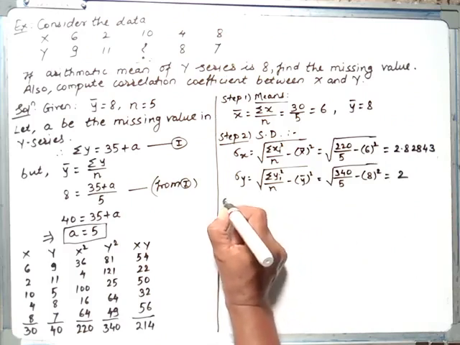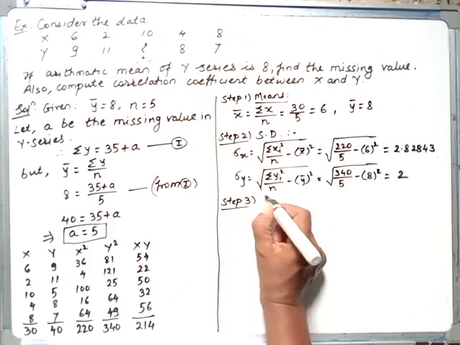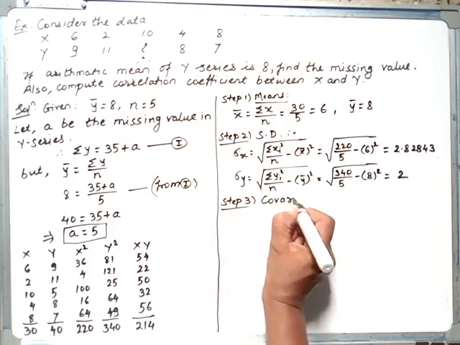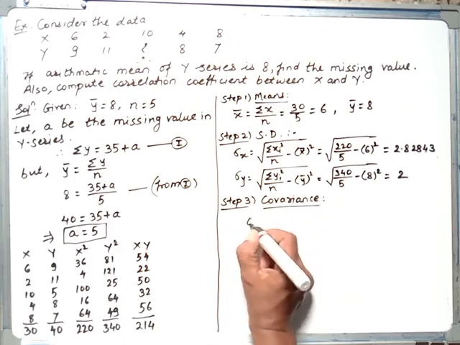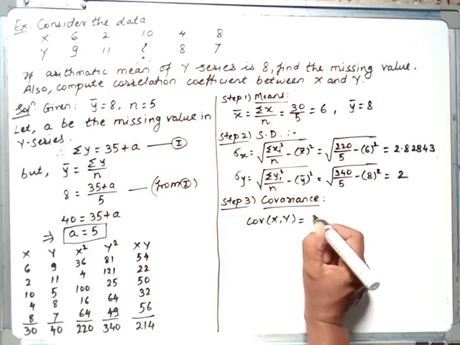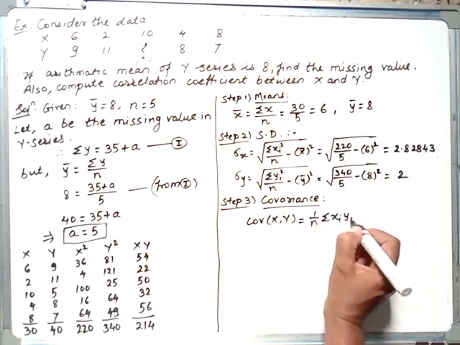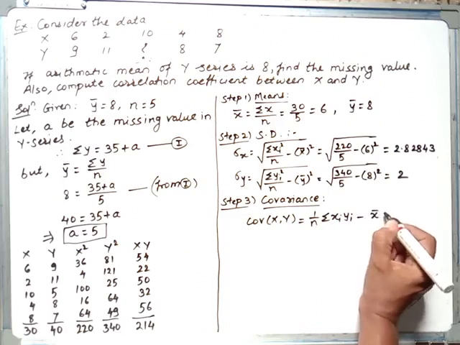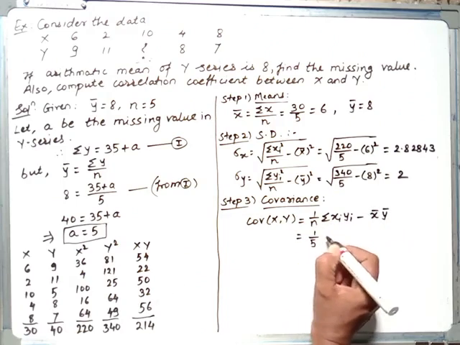Now step 3. We have to calculate the covariance. What is covariance? The covariance between x and y is 1 upon n summation xi yi minus x bar y bar. So 1 upon n is 1 by 5.